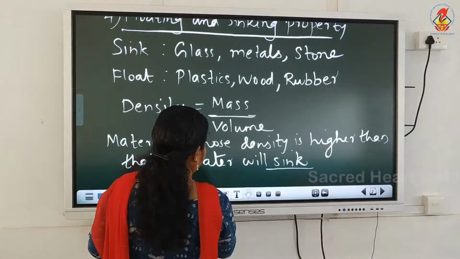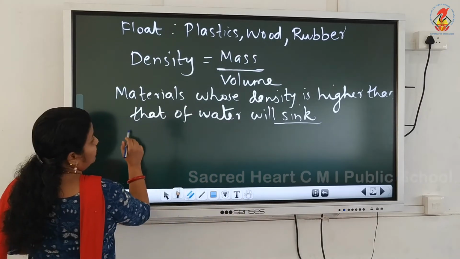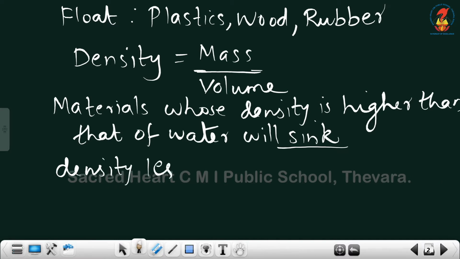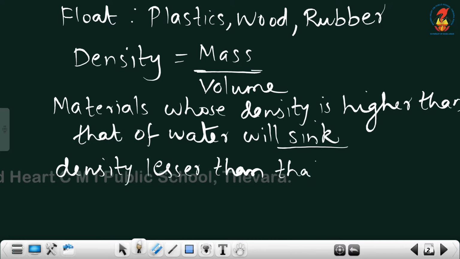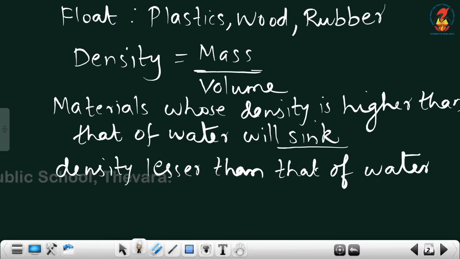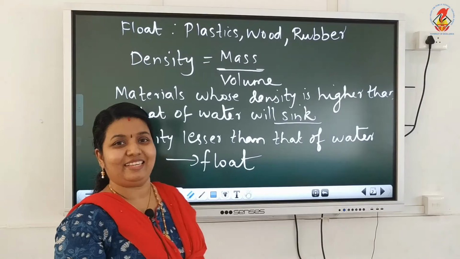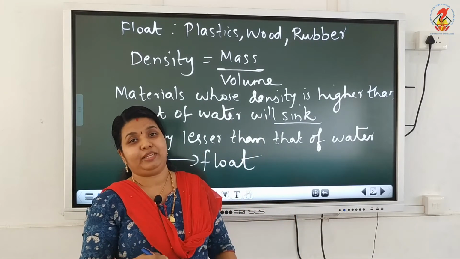Now the next one is materials whose density is lesser than that of water, lower than that of water. What happens to them? They float.